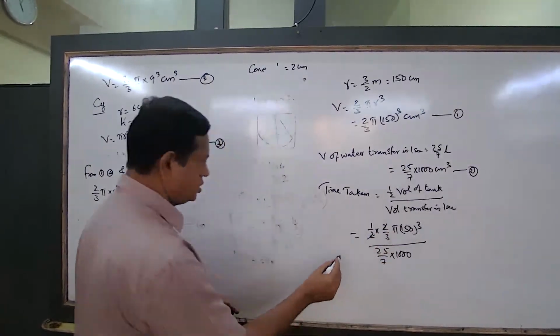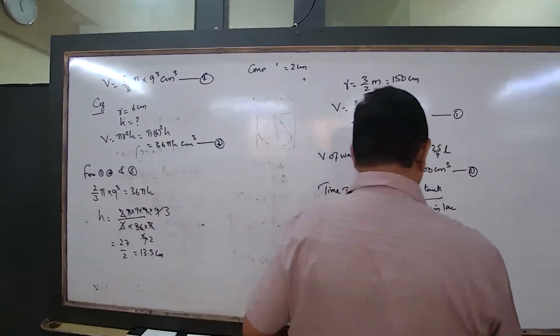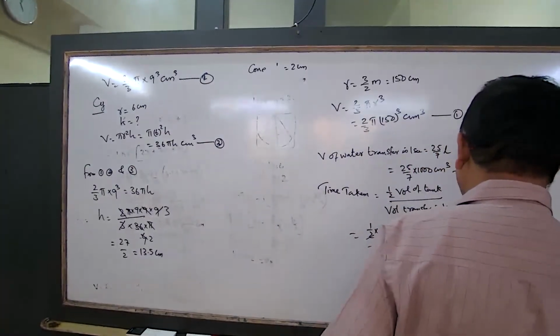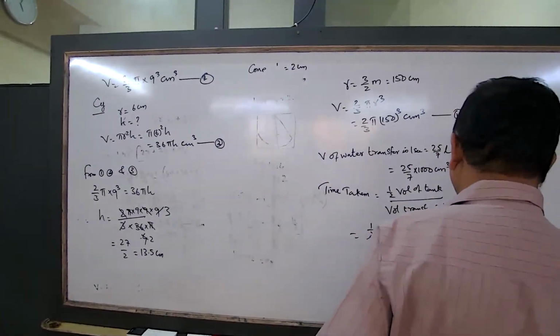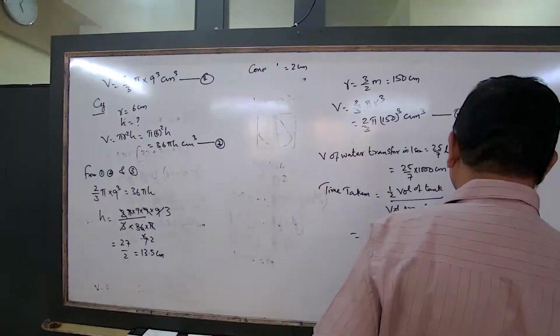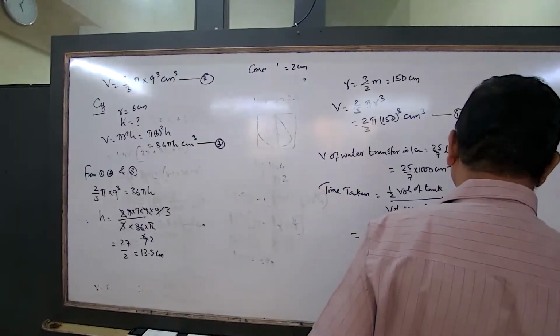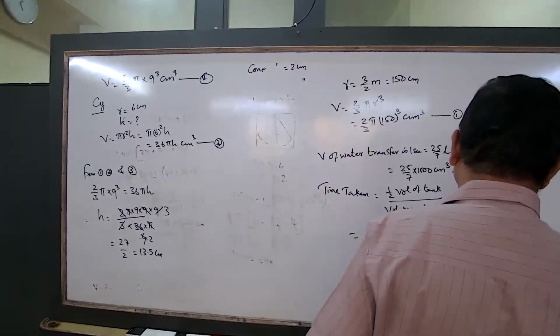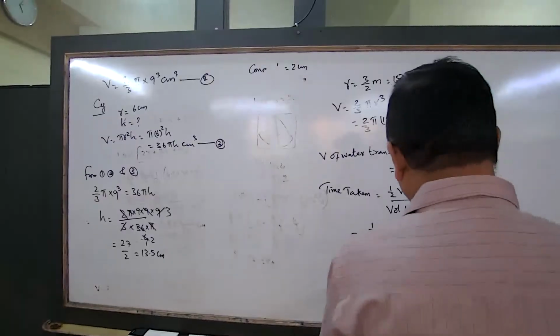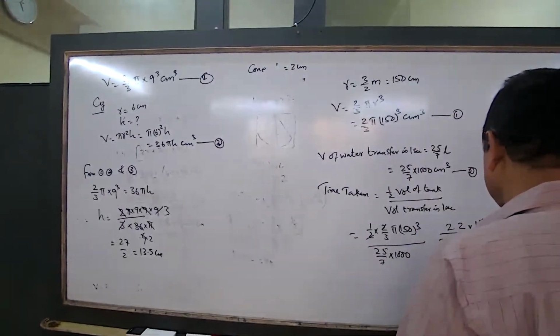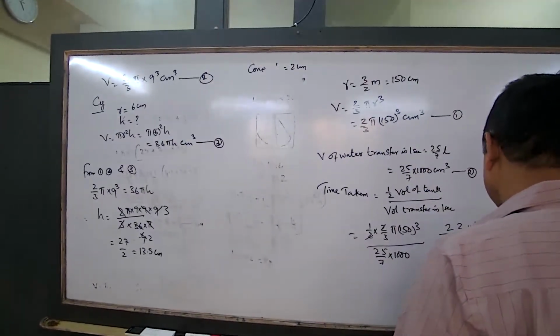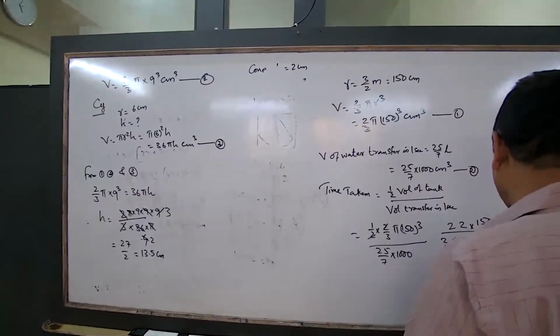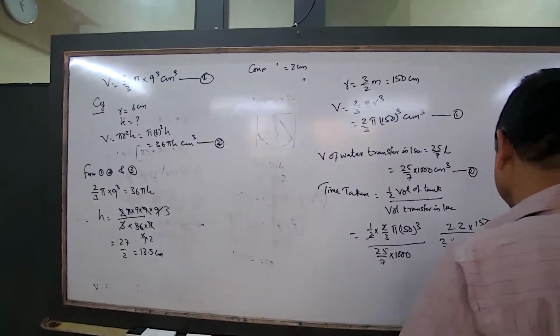Okay, 5 cannot be cancelled. Then I will write 22. 3 will come, 7 will come, into 150, how many times? 150 into 150. This all will come in the denominator, into 25. If you want to write 7, you can write above, or here you write and cancel. Into 1000.